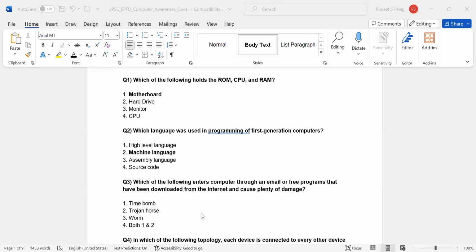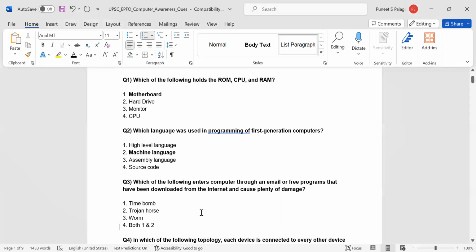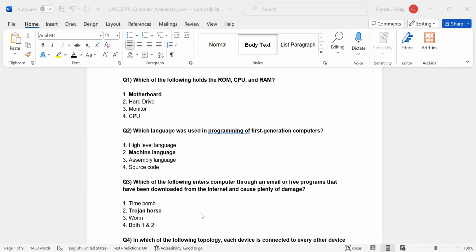So the correct answer for this is Trojan horse, right? So it's like a virus that enters your computer and it will cause plenty of damage to the computers. So you can also call it the Trojan horse virus.